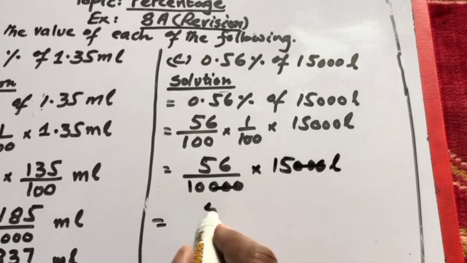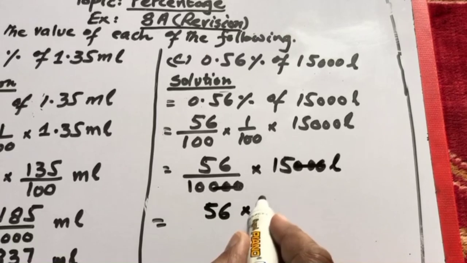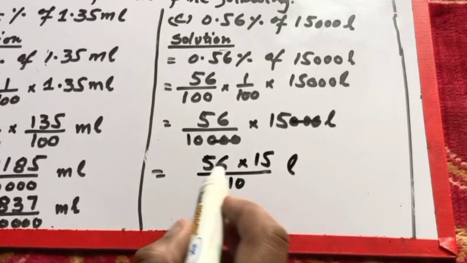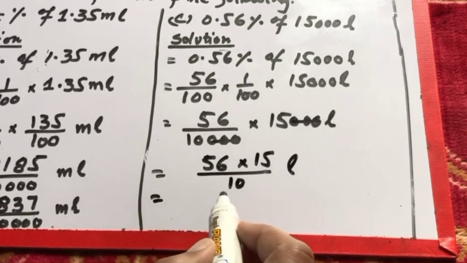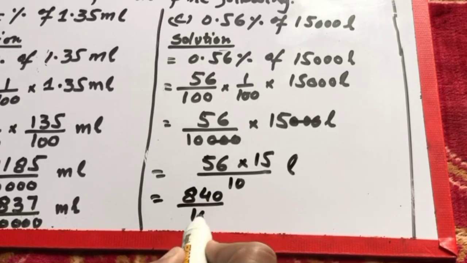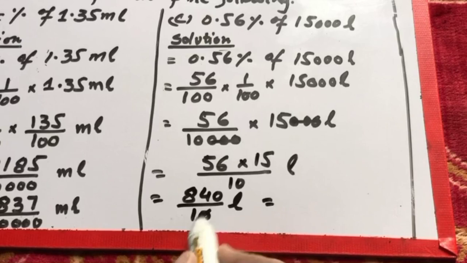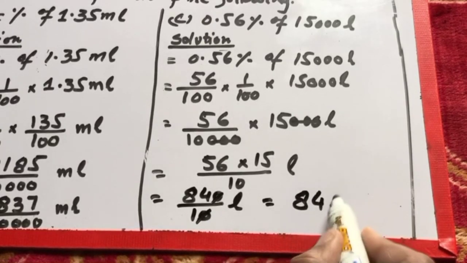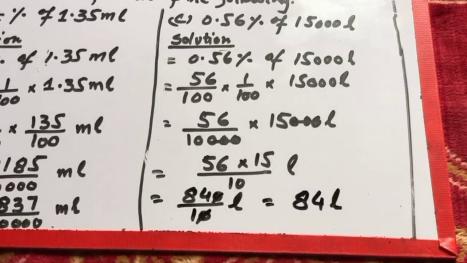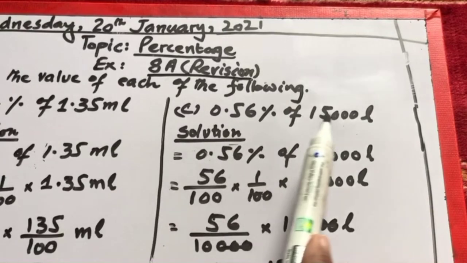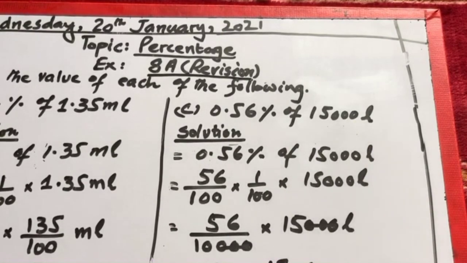So we will have 56 multiplied by 15 over 10 liters. And if we multiply 56 by 15, then we will have 840 over 10 liters. So 0 will cancel out 0. So we will have 84 liters. So the value of 0.56% of 15,000 liter is 84 liters.